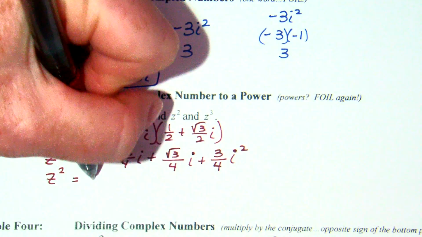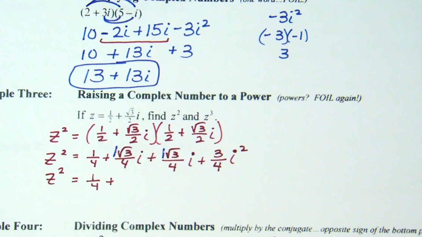In other words, the radical 3s are like radicals, yes. The i's are like i's, or kind of like variables. So what are the pieces we're really adding? 1/4 plus 1/4, which is 2/4, or 1/2. For this momentary step, I'm going to write it as 2/4. So I'm going to write 2 radical 3 over 4 times i. Realizing I still have to go one more step here, don't I? So I'll simplify from the 2/4 to the 1/2.